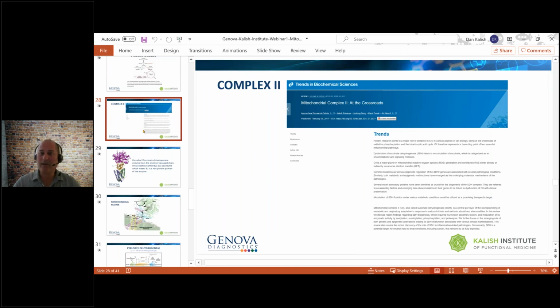So mitochondrial complex 2 is really, really important. You know, I have to get my glasses on to even read this slide. I don't know how I got to be 56 years old, but here I'm going to read it out because you guys can't probably read it either, right? Dysfunction of succinate dehydrogenase leads to accumulation of succinate, which is categorized as an oncometabolite and signaling molecule.